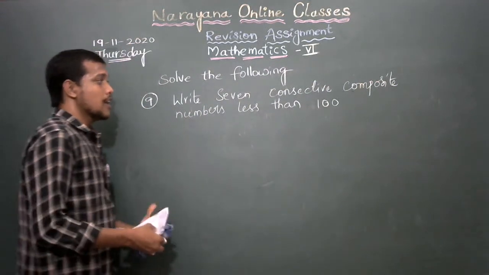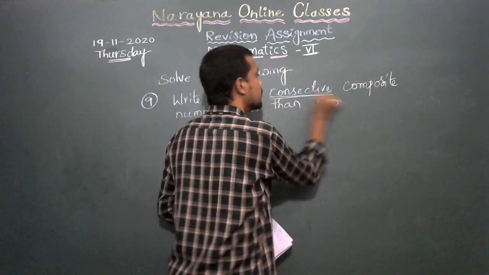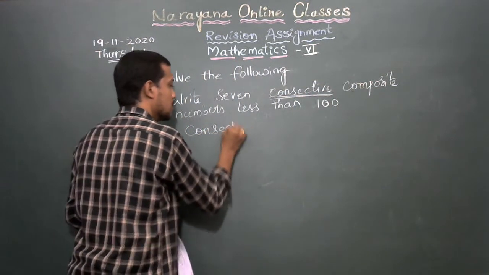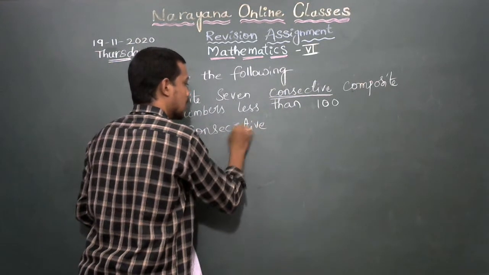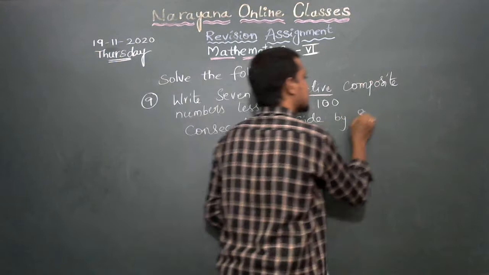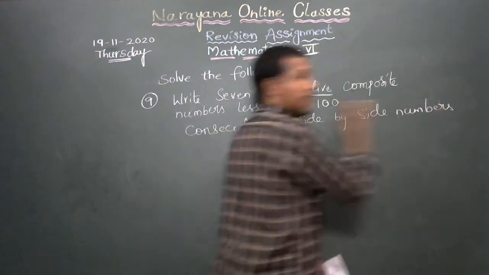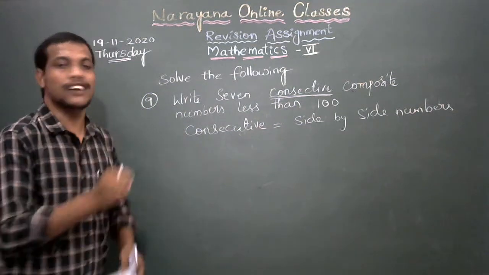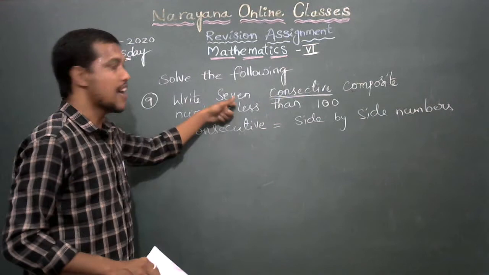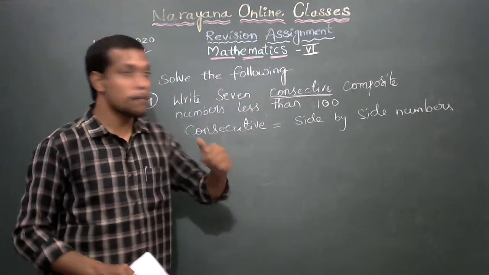Okay, so here I am taking consecutive. Consecutive means side by side numbers. What they are asking: write 7 consecutive numbers, which numbers?